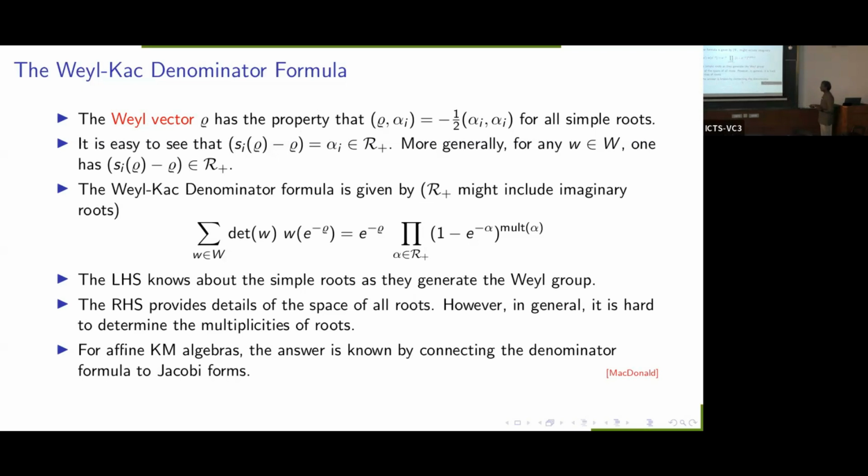Okay. But for affine Kac-Moody algebras, the answer is known by connecting the multiplicities to Jacobi forms. So this is the first real appearance of the use of modularity, and the multiplicity problem is solved for those cases because of the connection with Jacobi forms. Okay.